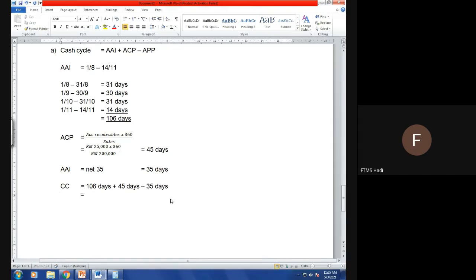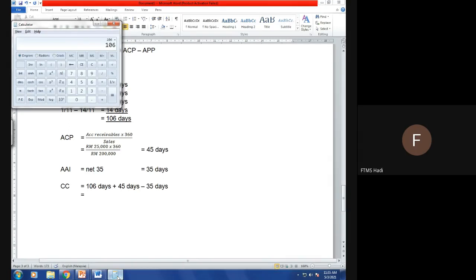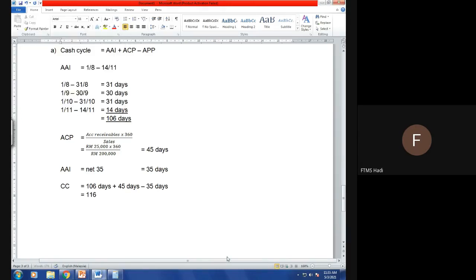You will get the answer of 106 plus 45 minus 35, which is 116 days. So that is how you calculate the cash cycle.